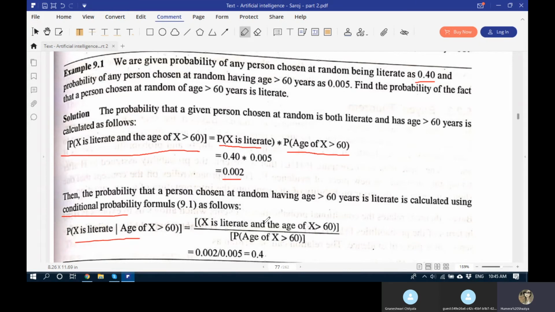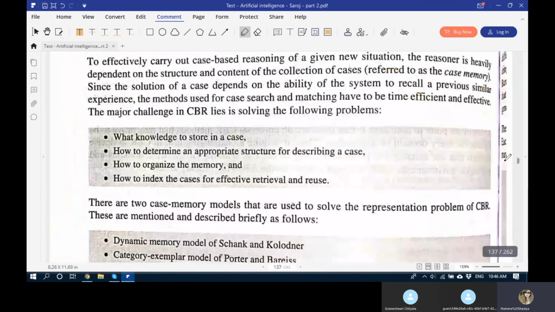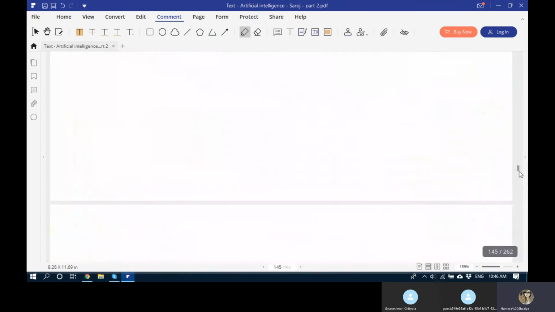So we got the probability of both to be 0.002 over 0.005, which is equal to 0.4. X is literate given the age of x greater than 60, the probability is 0.4. I hope that it is clear.